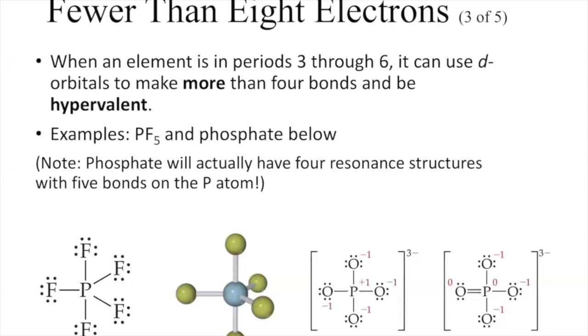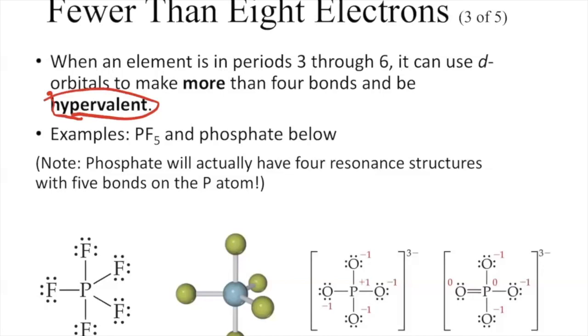Notice here we have phosphorus. Phosphorus is one of the elements that is in period 3. And period 3 to period 6, they can have more than 8 electrons, more than 4 bonds. They are called hypervalent. Whereas this one has 5 bonds, meaning it has 10 electrons around it.